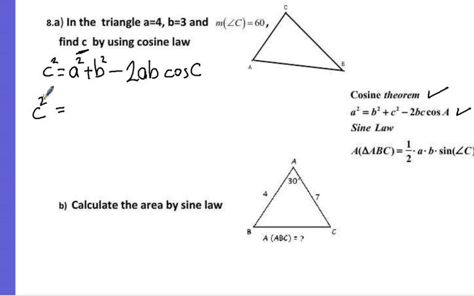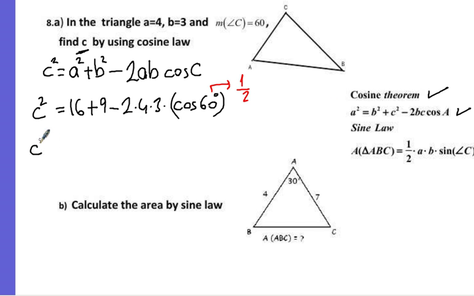C square is equal to A square is 16 plus B square is 9 minus 2 times 4 times 3 times cosine of 60. You remember what is cosine of 60? Yes, it's 1 over 2. So C square is equal to 16 plus 9, 25, minus 2 times 4, 8 times 3, 24 times 1 over 2.